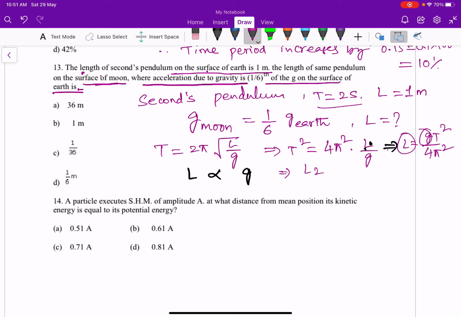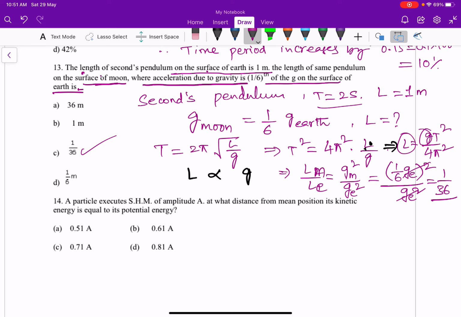So L2 by L1 is equal to g on moon square by g on Earth square, where L2 is the length on the moon and L1 is the length on Earth. So gm square is 1/6 of ge whole square divided by ge square. This g square cancels, so the answer is 1/36.